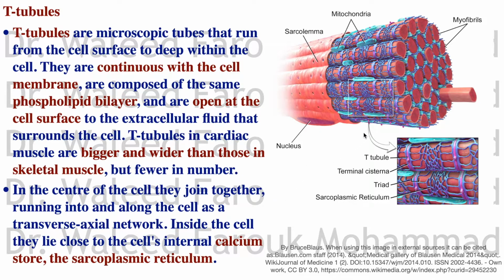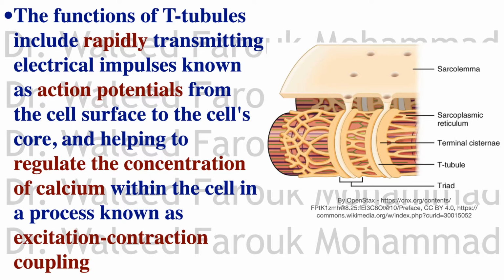As you can see here, this is the sarcoplasmic reticulum. These are the T tubules running in between the two terminal cisternae of the sarcoplasmic reticulum, and together they are called the triad, as we will discuss later.